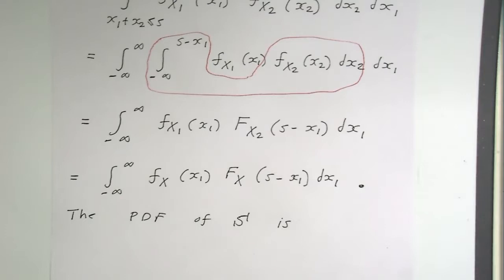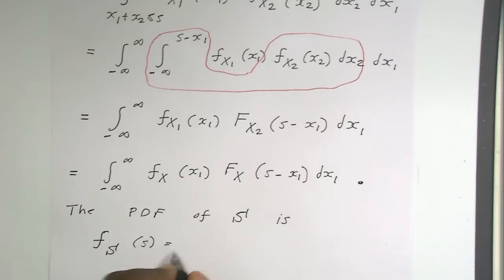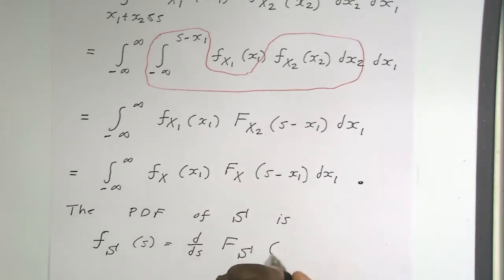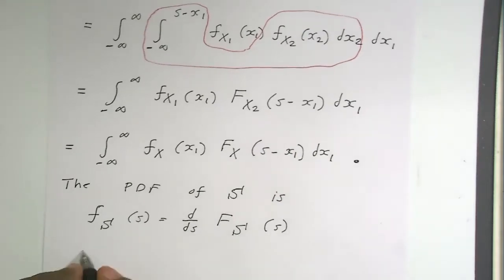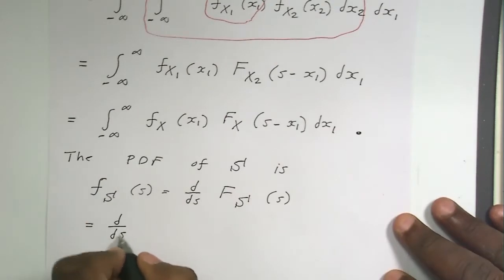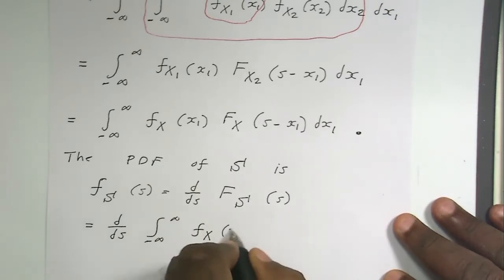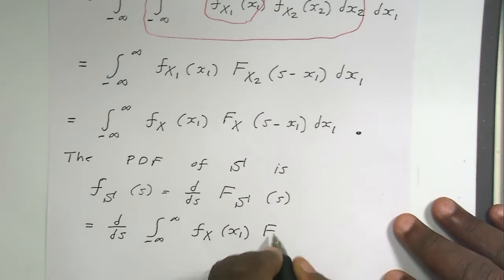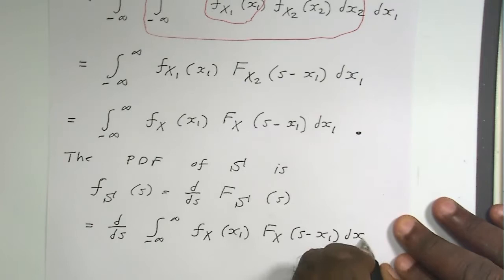Now to find the PDF of S, you just need to differentiate the CDF with respect to S, which is okay.